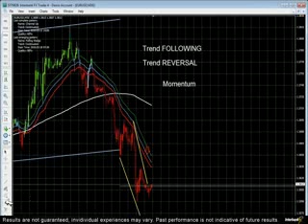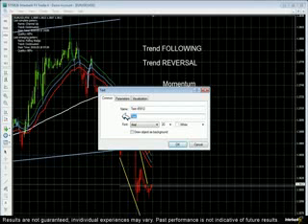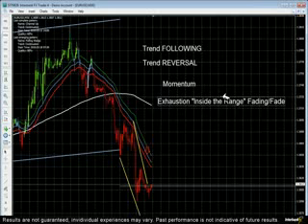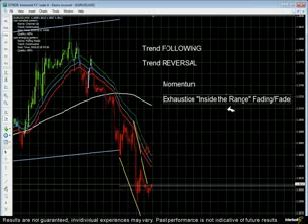Or finally, and I'll call it exhaustion, sometimes I'll refer to this as inside the range. I'll even call it sometimes a fading or fade strategy, so you know all the different terminology that I might call it. So is it an exhaustion, inside the range, fading, or fade strategy?